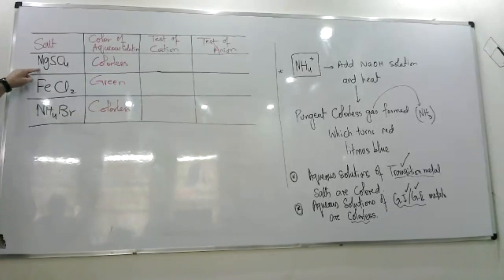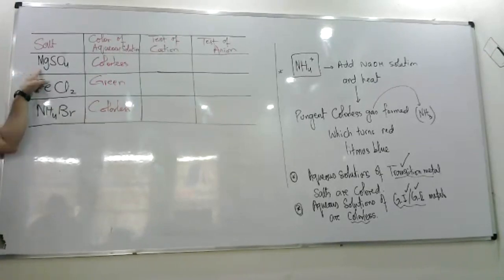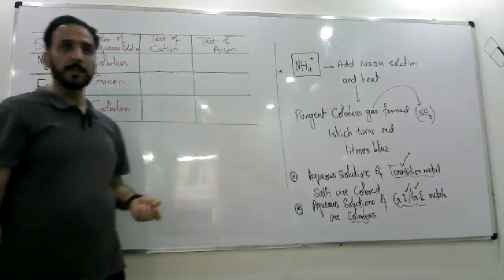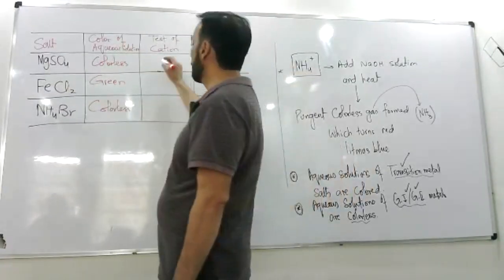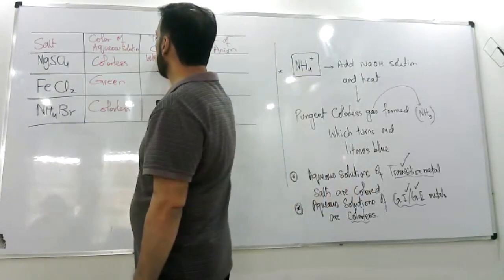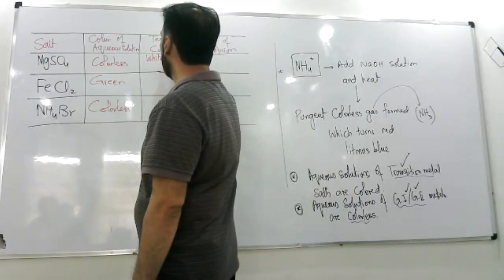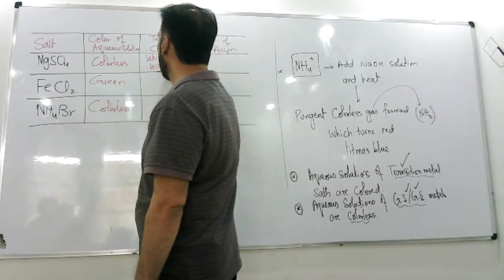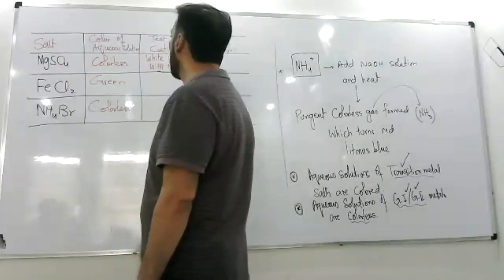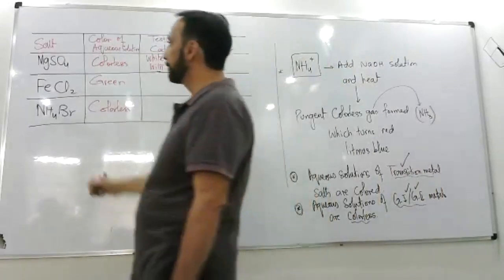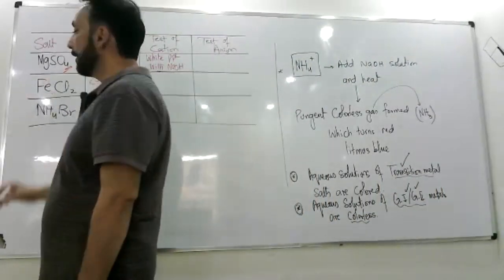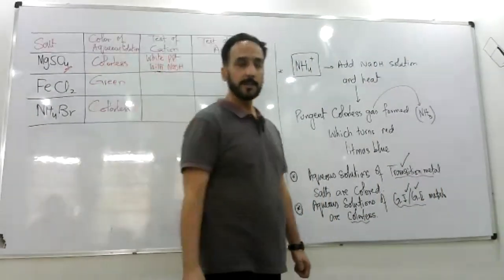For the test of cation, here there is magnesium ion, the positive ion. We wrote its test today. It gives white precipitate with NaOH, right? Just write the same thing: white precipitate with NaOH. And the negative ion is sulfate ion in it, right? So any idea how do we test sulfate ion? We did it last time.